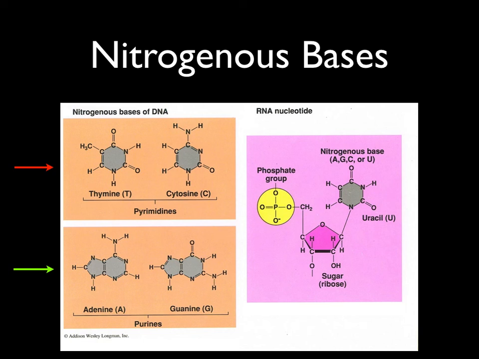The left-hand side of this figure shows the structures of the 4 nitrogenous bases found in DNA. The upper 2 bases highlighted with the red arrow are the pyrimidines, and they include thymine and cytosine. The 2 bases at the bottom, adenine and guanine, are purines. Take a moment to compare the organic structures of the purines and pyrimidines.